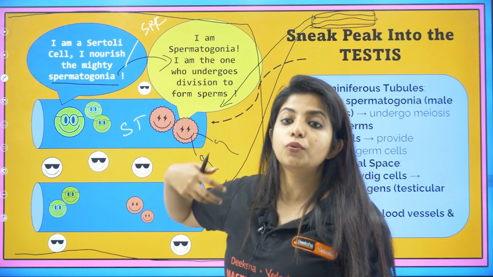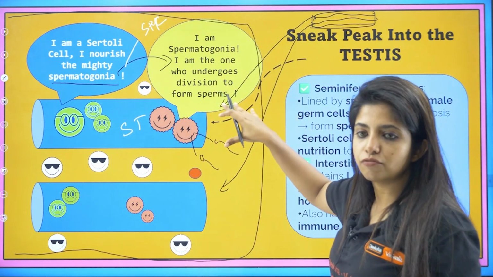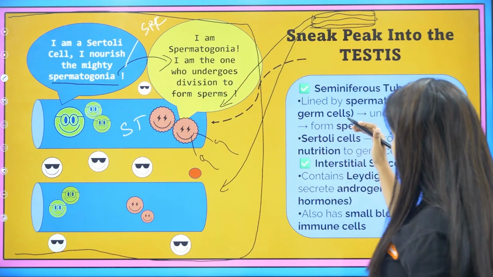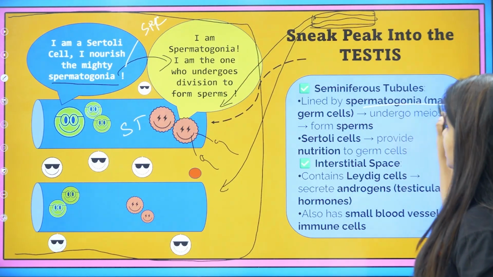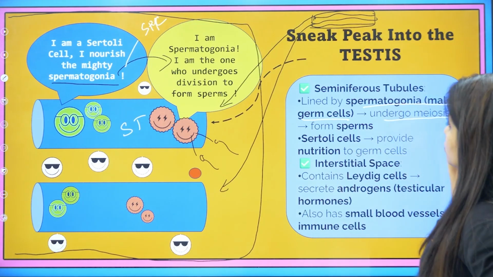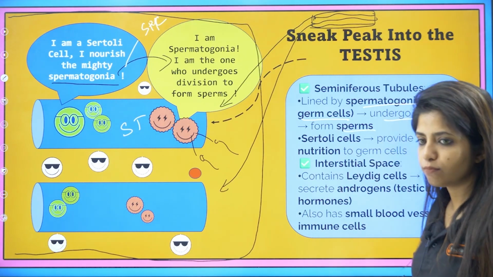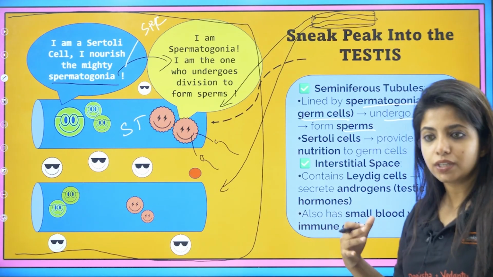Because it is the one that is going to form sperm later on. That is being written over here. Seminiferous tubules are lined by spermatogonia, or the male germ cell, or the sperm mother cell, which undergoes meiosis to form sperms. We will study the whole process of spermatogenesis in the next session.